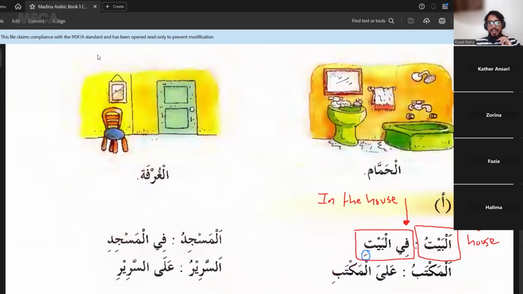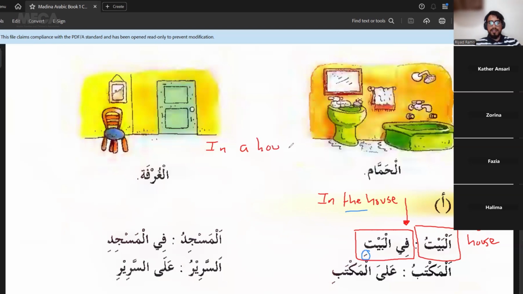Now, if I want to say in a house, I said in the house, fil beiti. Now I want to say in a house. I write it over here. In a house.